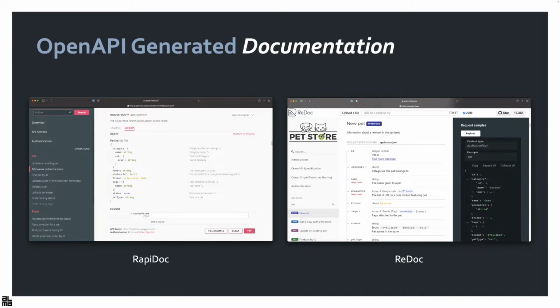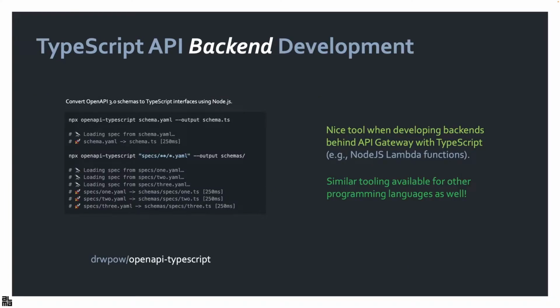Also, it's not just about these documentation websites. You can use OpenAPI for many other things. For TypeScript, there's this really nice tool called OpenAPI TypeScript, which just reads your OpenAPI schema and then generates TypeScript types out of it. It's really useful when you're developing, let's say, Lambda functions that are behind an API gateway.